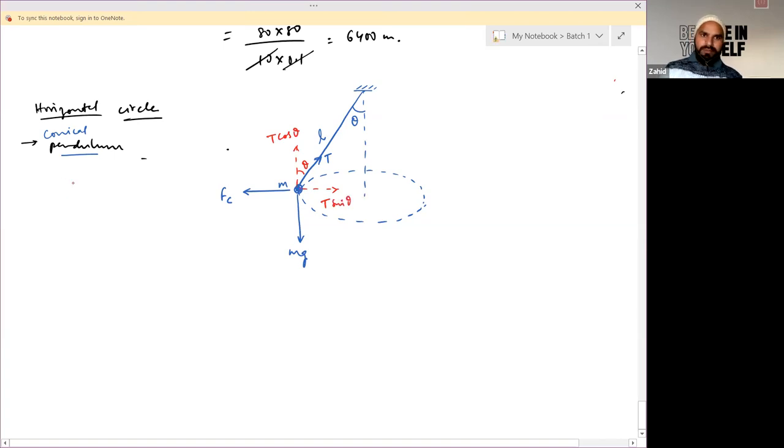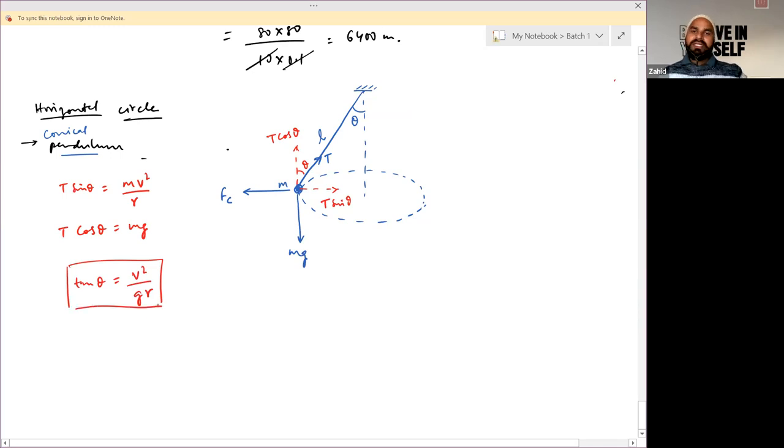So if you compare them, you'll get T sin theta equals to Fc, that is mv square over r, and T cos theta equals to mg. So if you divide these two terms, you'll get tan theta equals to v square over g times r, which is similar to what we have derived in the above part.